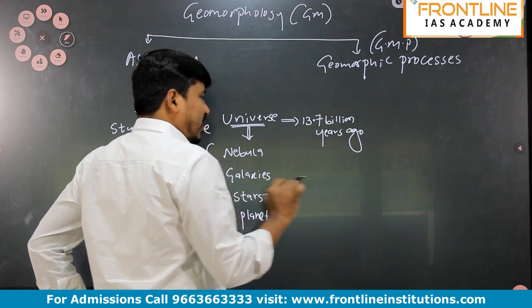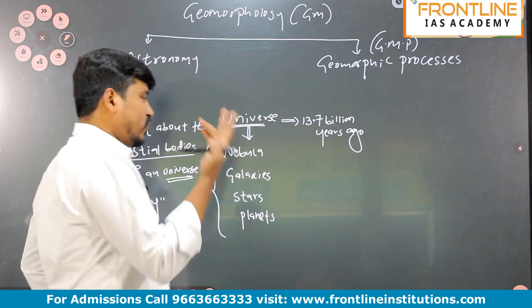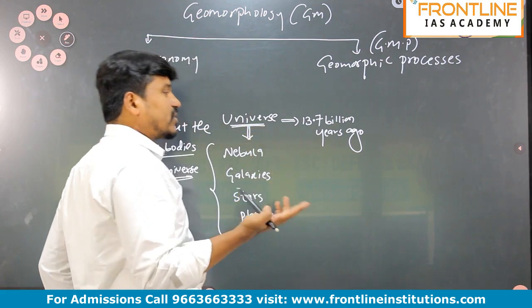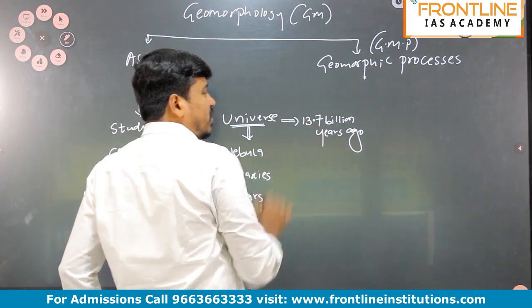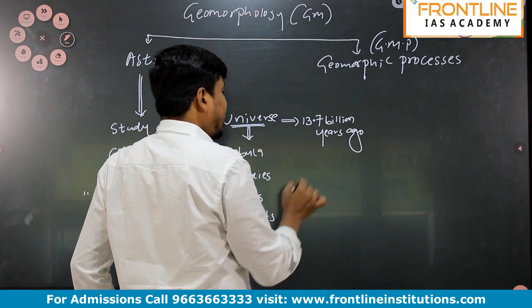And when the universe originated, there was no life on the earth and no life in the universe, because Earth was not there yet. First the universe was formed, by a group of nebulae, right?